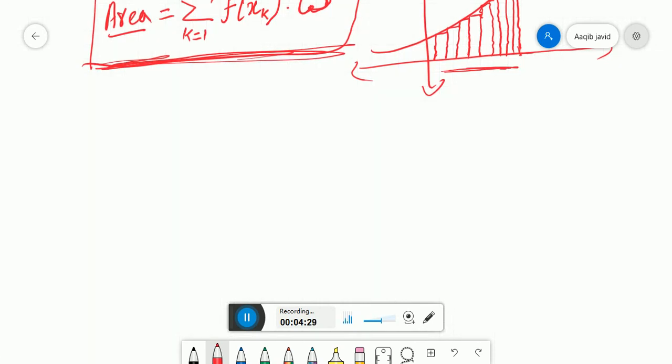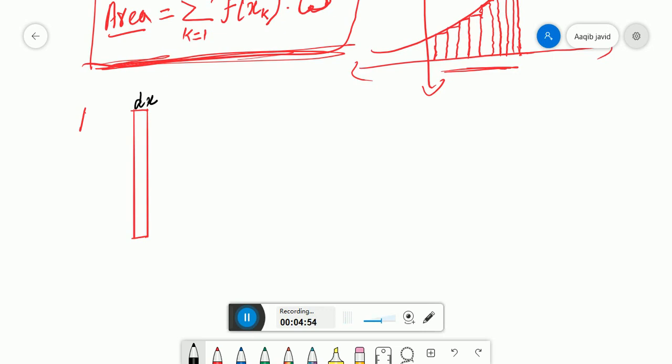He started putting limits, the language of limits, into this. He said, if we have a rectangle, let its width be equal to dx, its width is infinitesimally small.